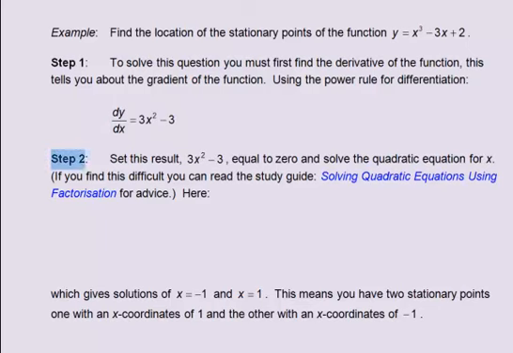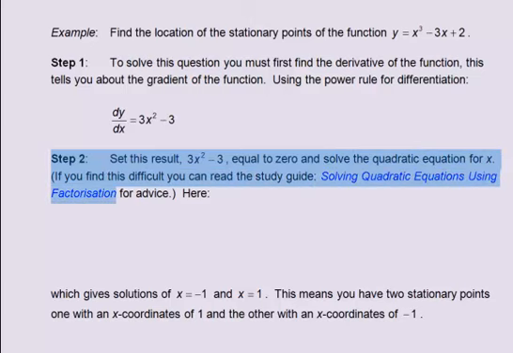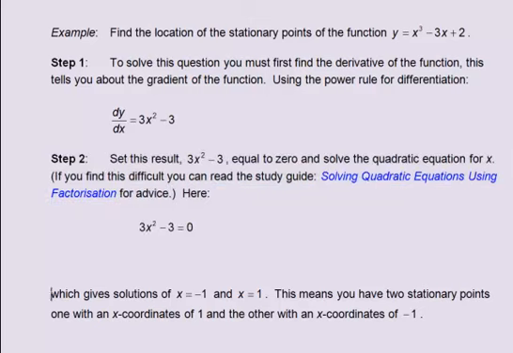Step 2. Set this result, 3x squared minus 3, equal to 0 and solve the quadratic equation for x. If you find this difficult, you can read the study guide Solving Quadratic Equations Using Factorization for advice. Here, 3x squared minus 3 equals 0.